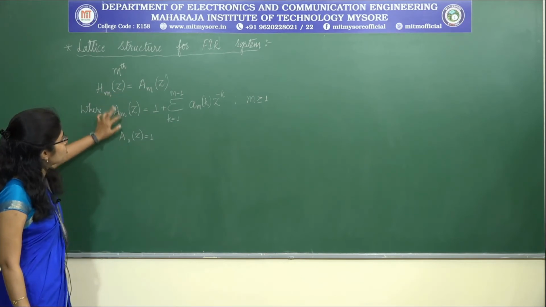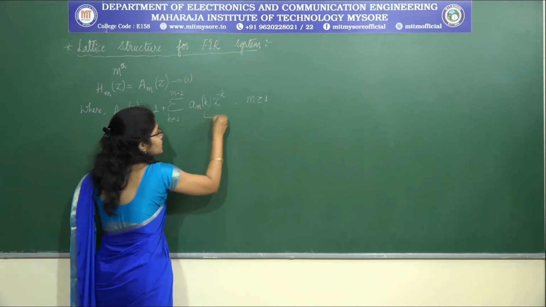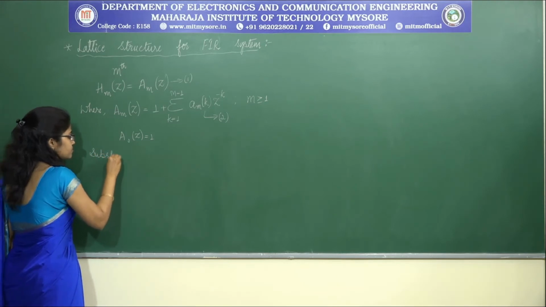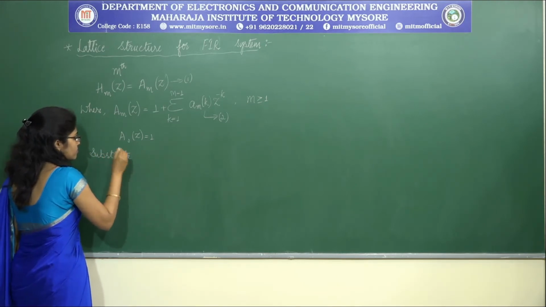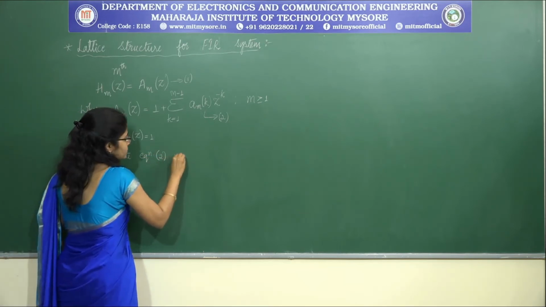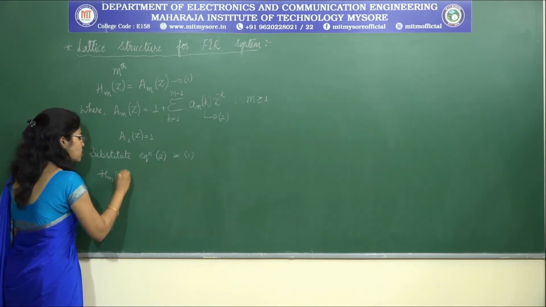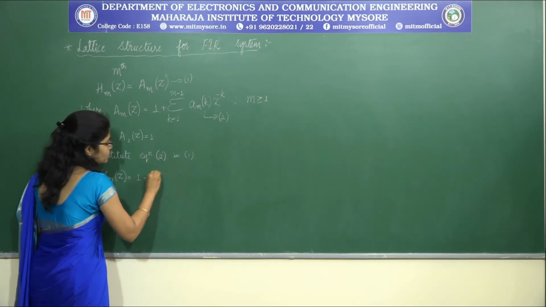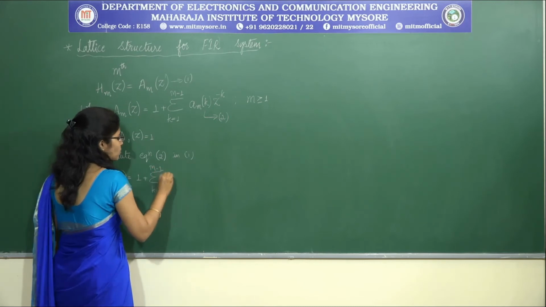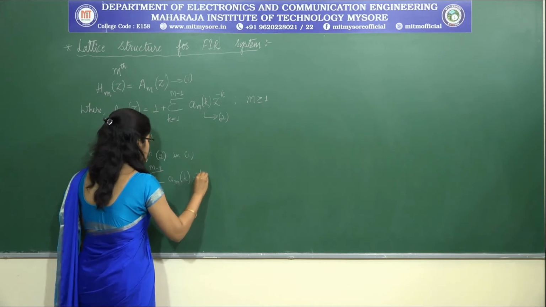Now if I equate these two equations, I can term this equation 1, this be equation 2. Substitute equation 2 in 1. So Hm of z will be equal to 1 plus summation k ranges from 1 to m minus 1 Am of k into z power minus k.